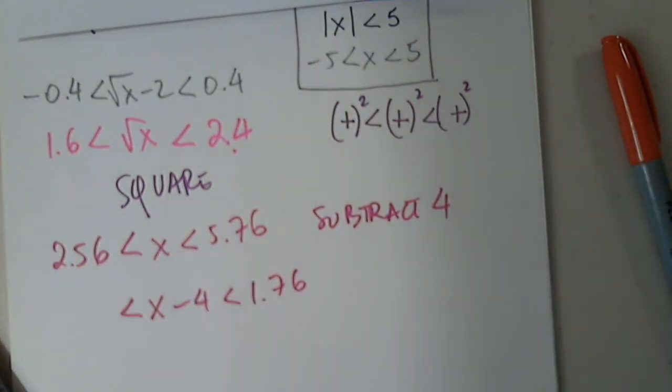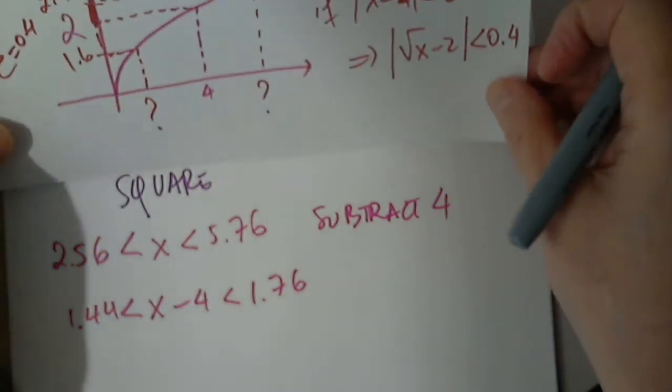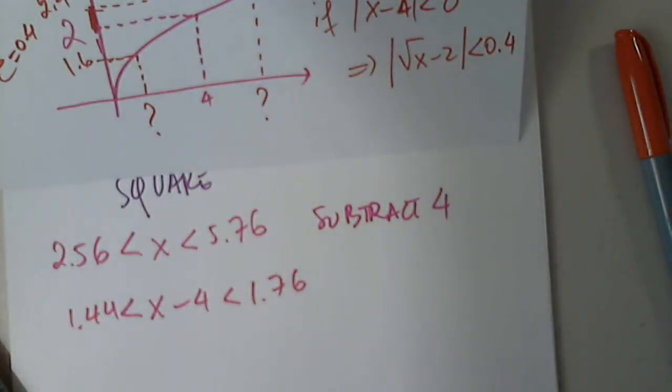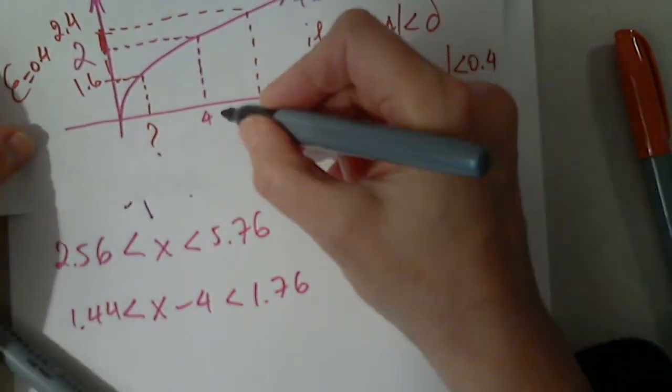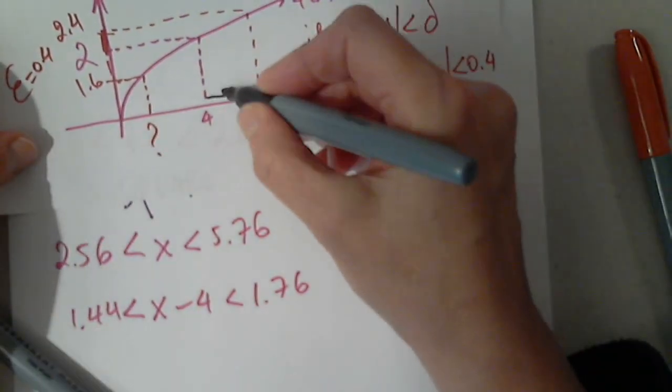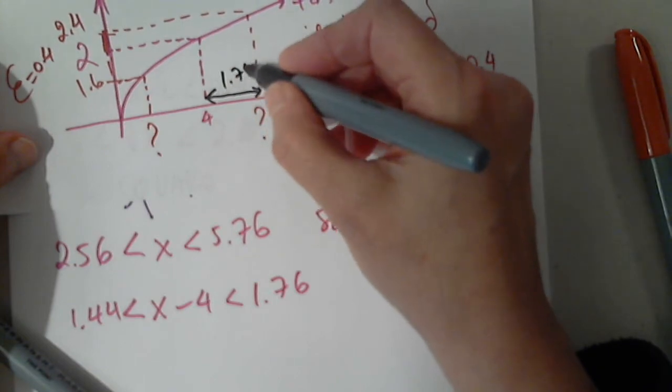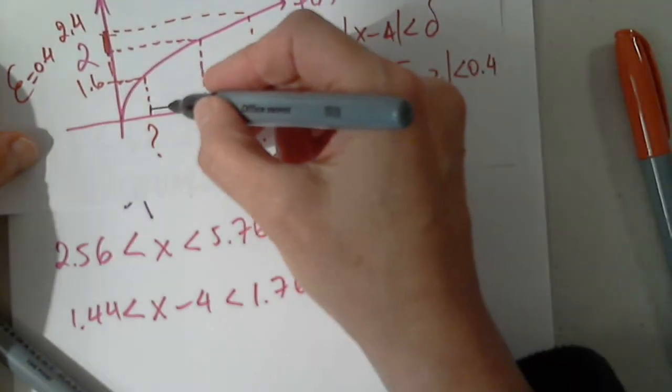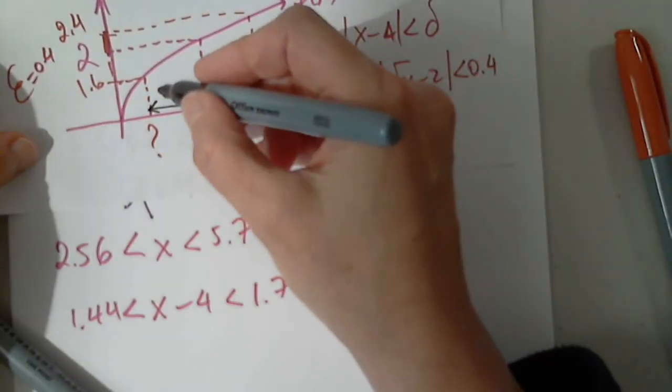On this side, I have 4 minus 2.56, and I get positive 1.44, right? So coming back to the graph, this piece is 1.76, and this piece is 1.44.